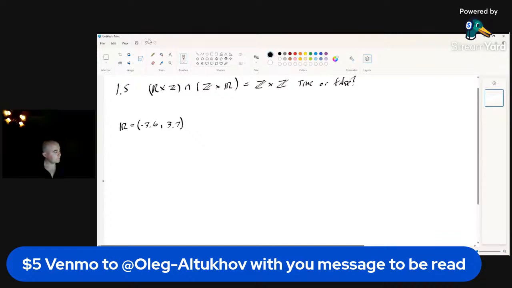Okay, and then we're going to say that our integer set is going to contain -3 and +3. Okay, so we're gonna cross multiply those and see what type of set that we're gonna produce. If this is true, it would have to be an integer by an integer. So essentially, the ordered pairs produced would have to be of the type as my bottom Z down here. So let's do cross multiplication.